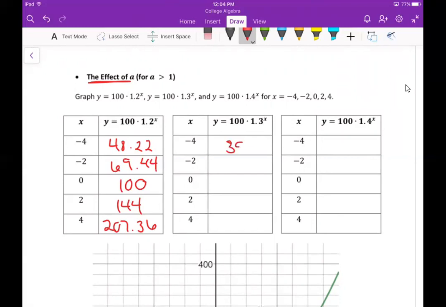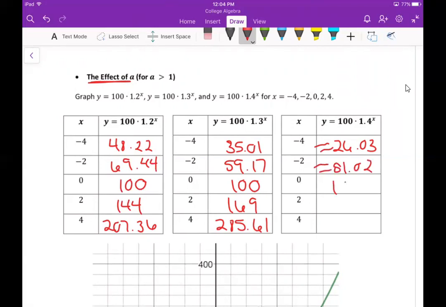Keep going, we'll get 35.01 on this one, 59.17, 100, 169, and then 285.61. On the last one, you should get 26.03 approximately, 51.02 approximately, 100, 196, and then 384.16 approximately again, right? All of those decimal ones were rounded.